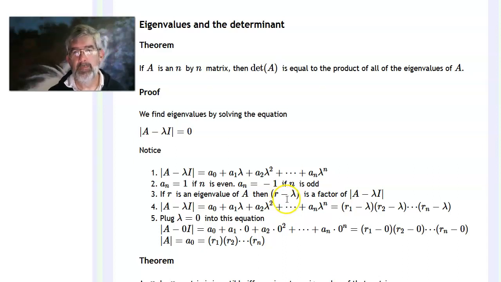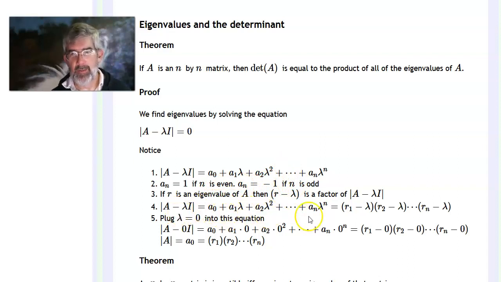I'm writing it this way because of the way that I do it, A minus lambda I. My lambdas are on the right side of these polynomials. So I know that factors and eigenvalues go together. If I have a factor, then I get an eigenvalue, or if I have an eigenvalue, it came from a factor.